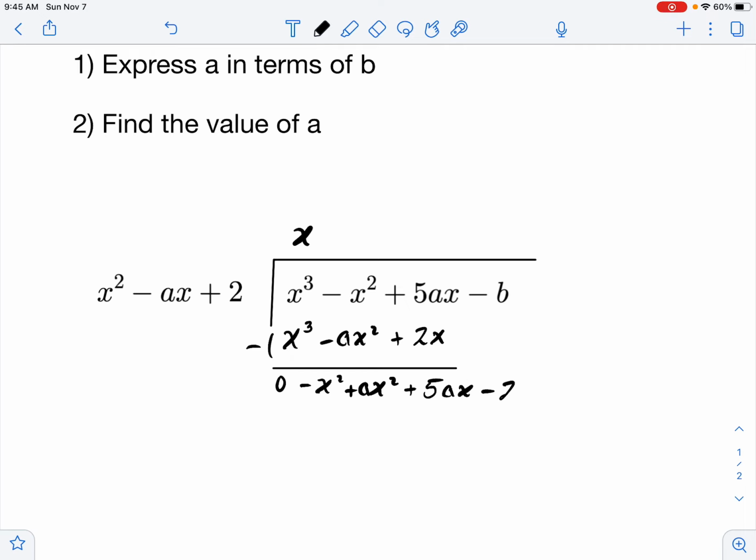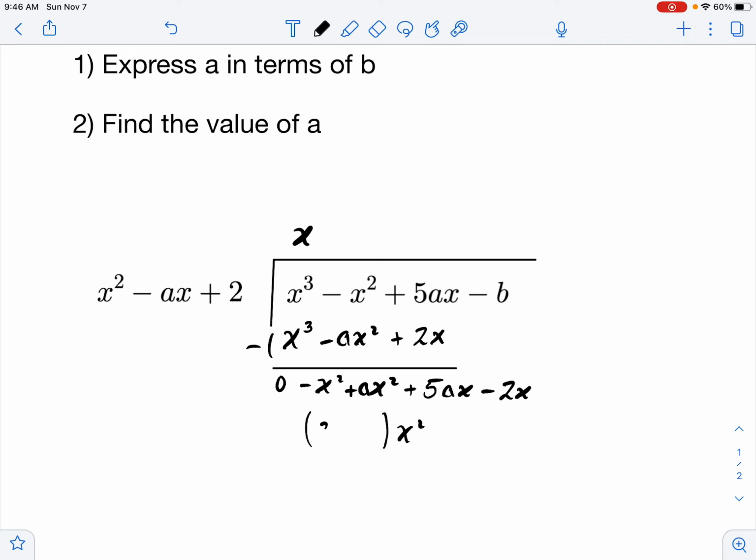Before I bring down my next term, I'm going to factor out my x squareds out of these two and my x's out of these two, just so that I know exactly what my coefficient on my x squared term is and my coefficient on my x term is. If I factor out x squared out of negative x squared, I have negative 1. And if I factor out x squared out of ax squared, I have a.